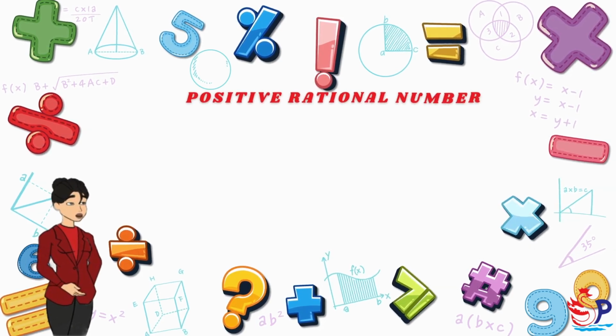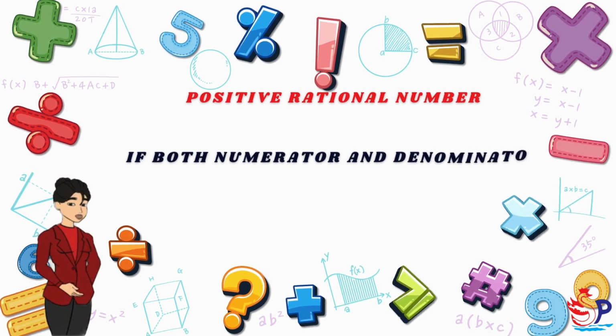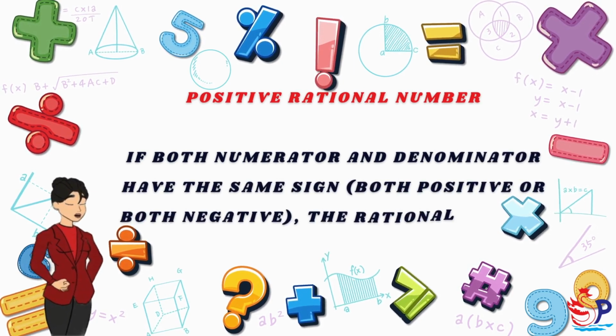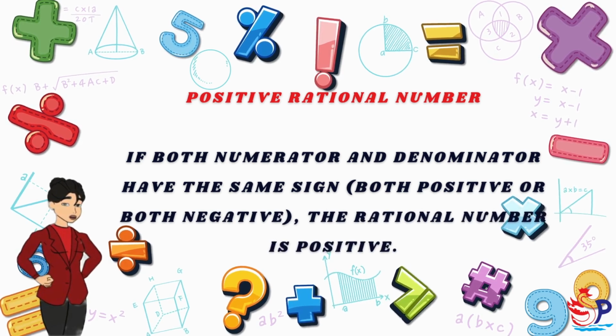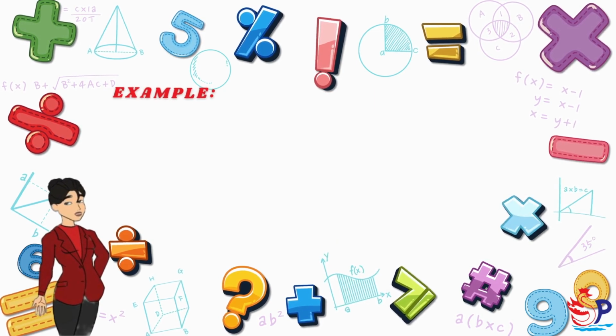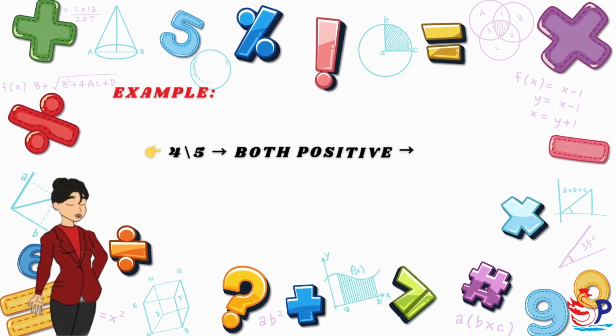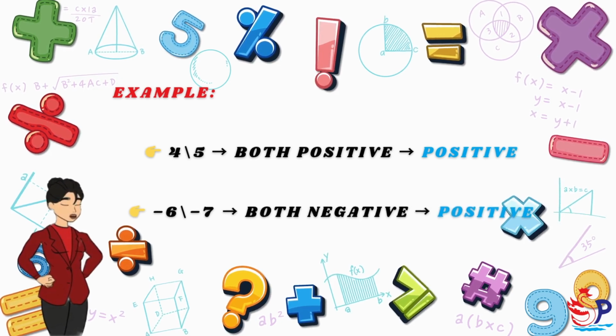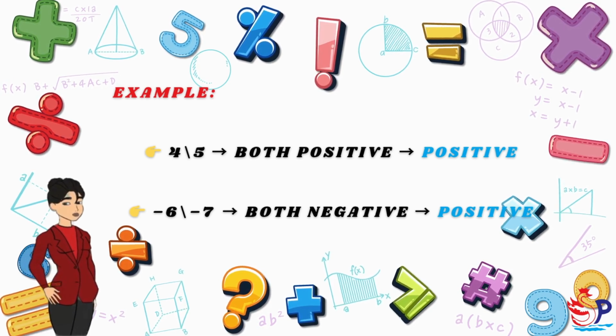Positive rational number. If both numerator and denominator have the same sign, both positive or both negative, the rational number is positive. Example: 4 by 5, both positive. -6 by -7, both negative, so positive.